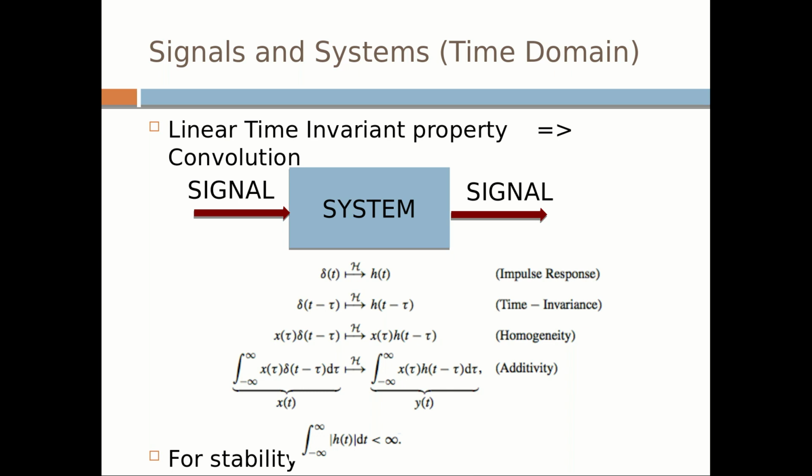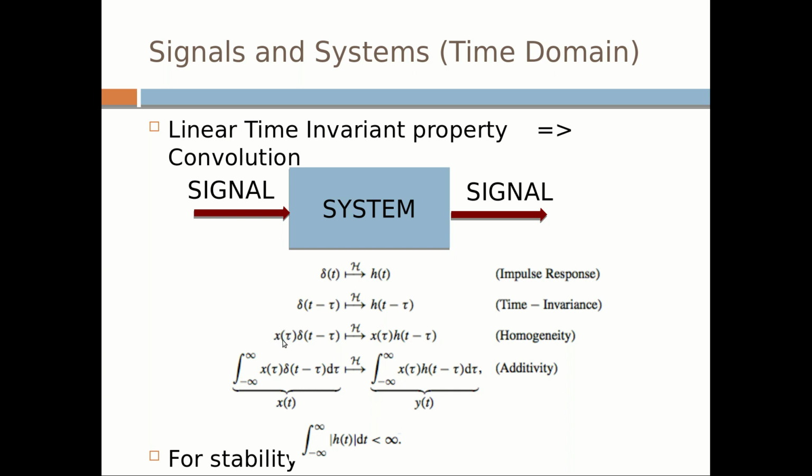Convolution arises as a consequence of LTI systems. Let's see how. On giving an input of impulse, we get impulse response as the output. As LTI systems satisfy time invariance, a shift in time would also reflect in the output.